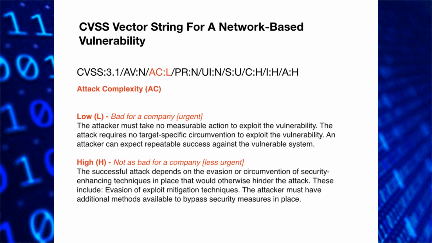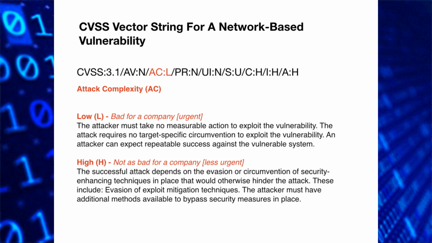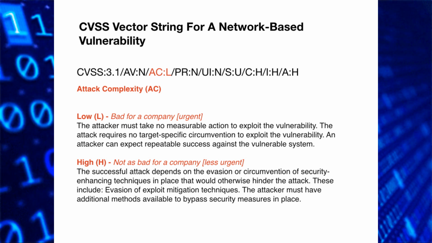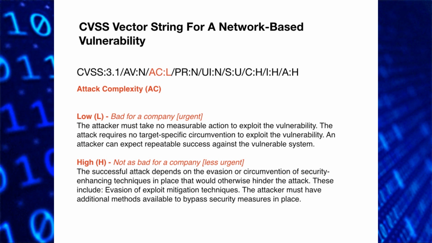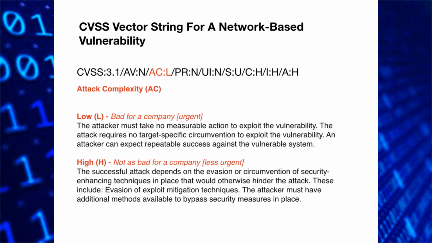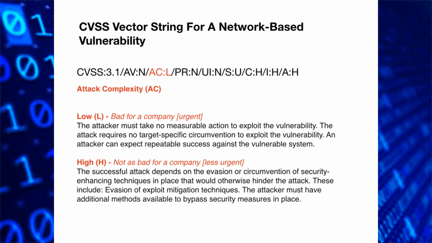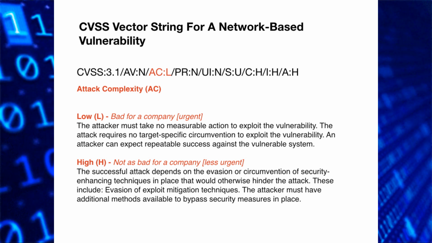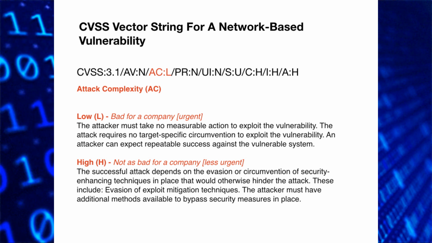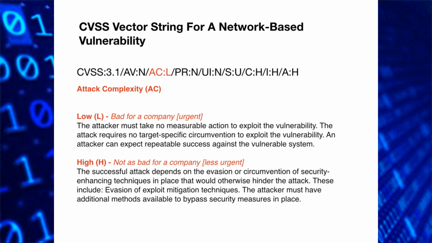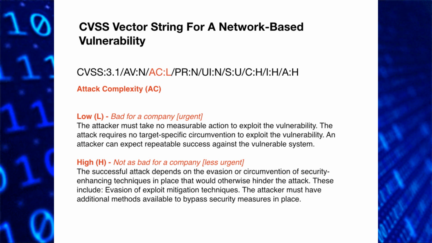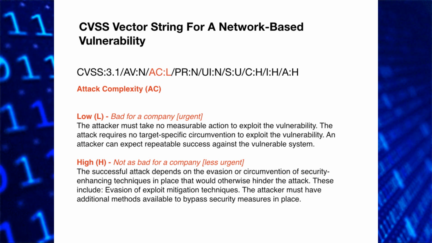AC stands for attack complexity. It can say AC:L or AC:H, which stands for low and high. Low is considered bad for a company. The attacker must take no measurable action to exploit the vulnerability. The attack requires no target-specific circumvention to exploit the vulnerability. An attacker can expect repeatable success against a vulnerable system.